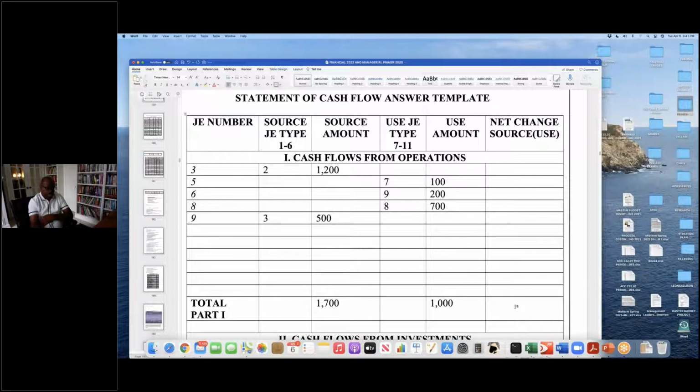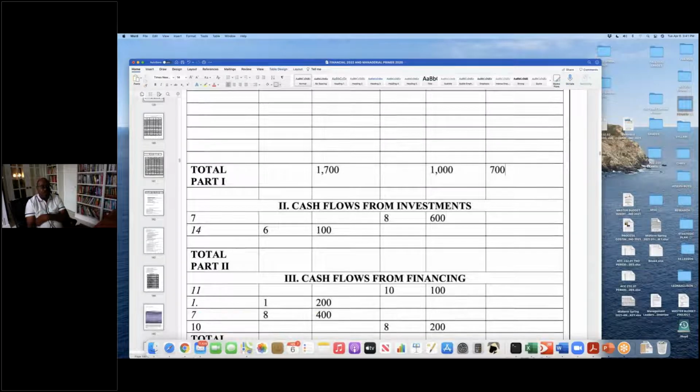So the net change from part 1 is 700. 700,000. We'll just leave it at 700. Then we're going to go to part 2 and do the same thing. We're going to add up the sources: 100.